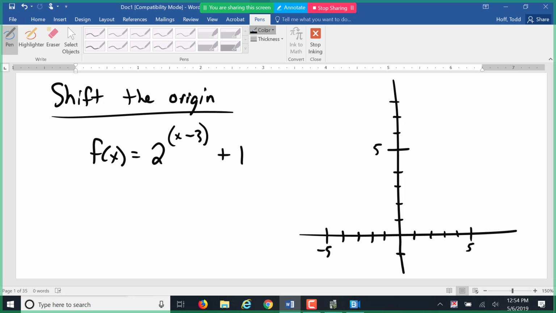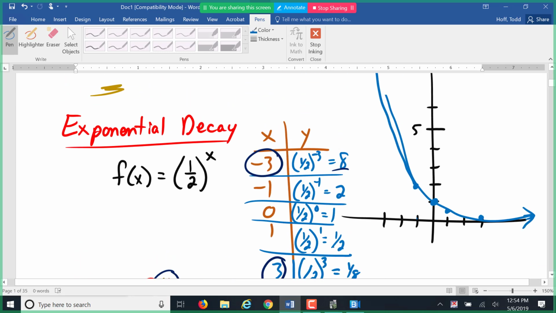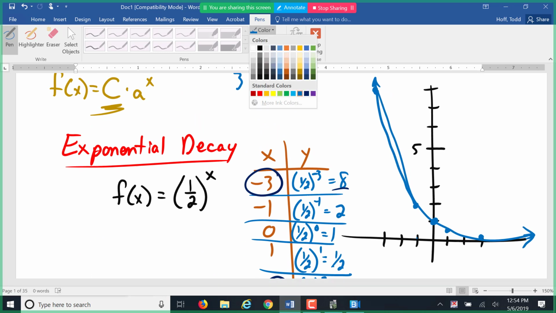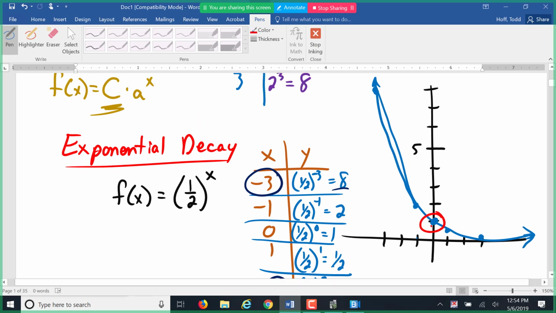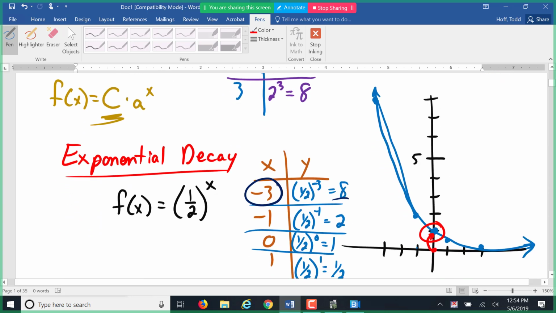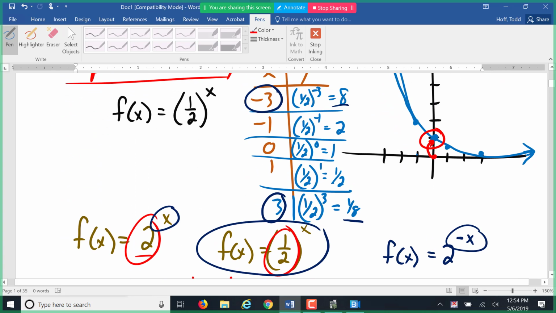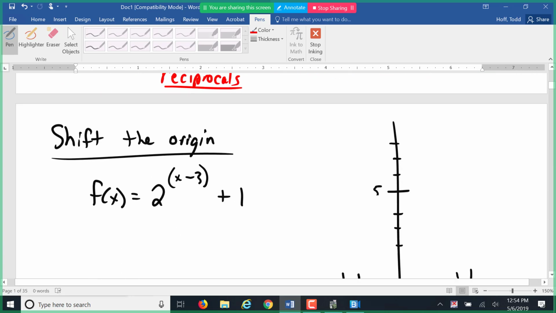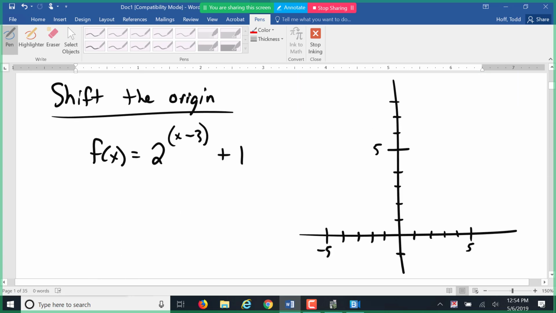If you remember, our starting point on these exponential curves is this point right here, 0, 1. It's always 1 unit up from the origin. Same here, 0, 1. That is that spot when x is equal to 0. Well, when we have a shift like this, it's just like any of the other shifts we've looked at.